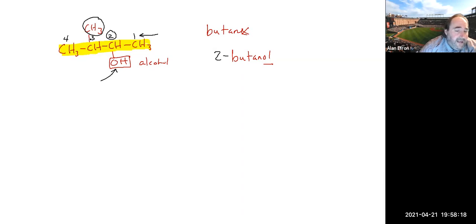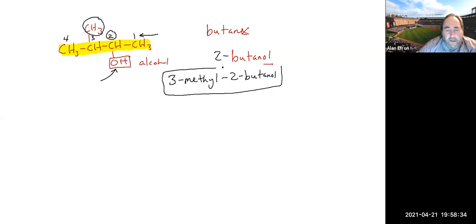And that means that in that case, the methyl would now be at carbon number 3. So this now would become 3-methyl-2-butanol. Any questions on that name?